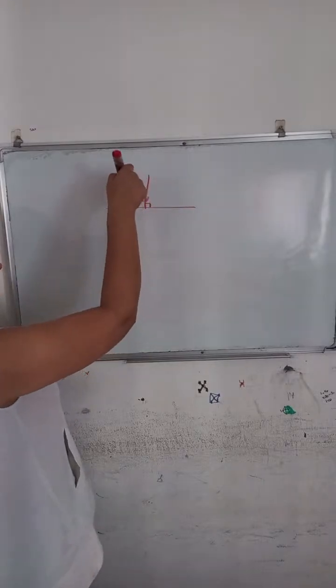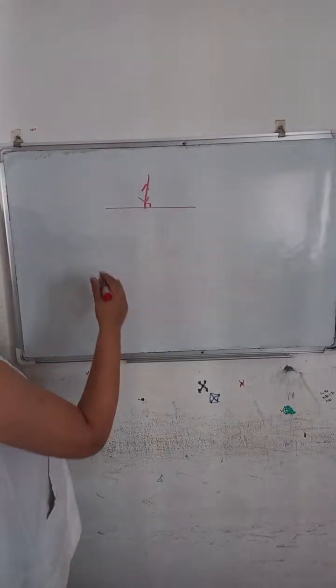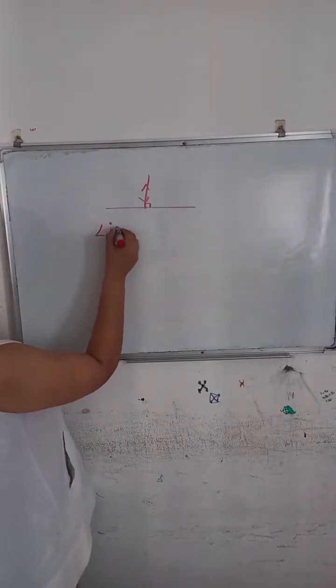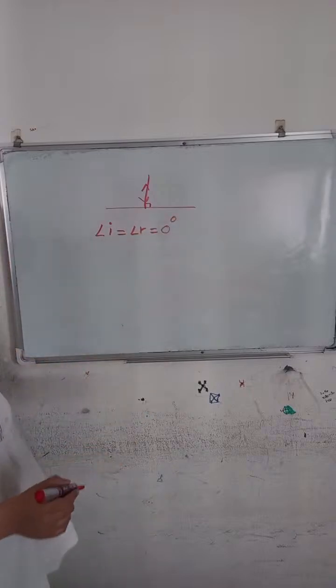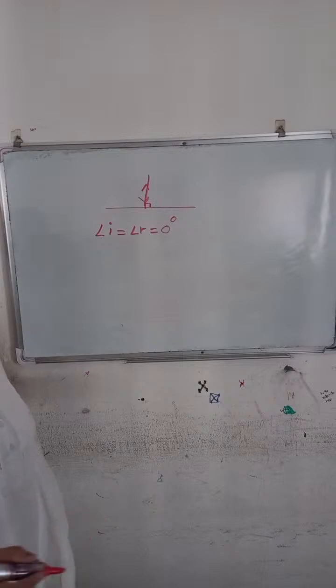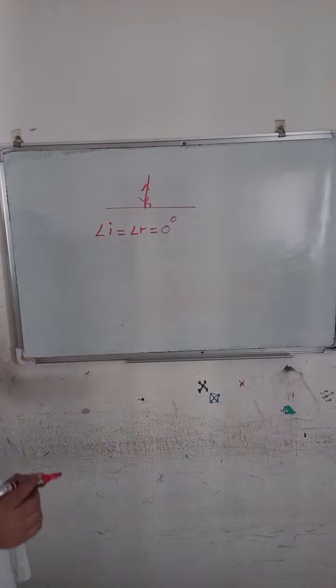So it will not enter into the slab; it is reflected back on the same path. So in this case, angle of incidence and angle of reflection are equal to 0 degrees. Whenever the ray penetrates perpendicularly or normally, the angle made by i and r is always 0.